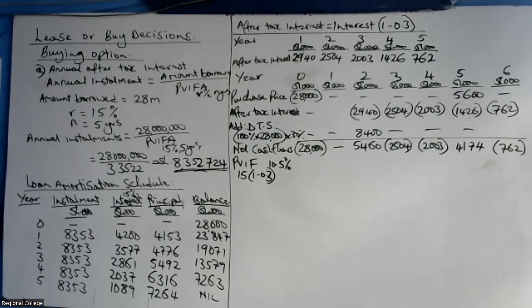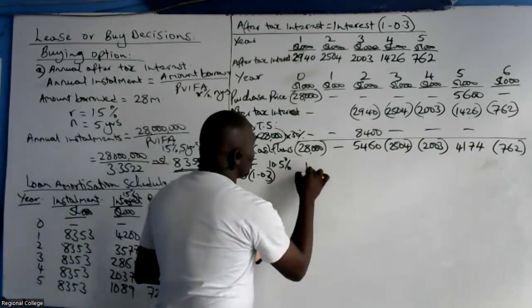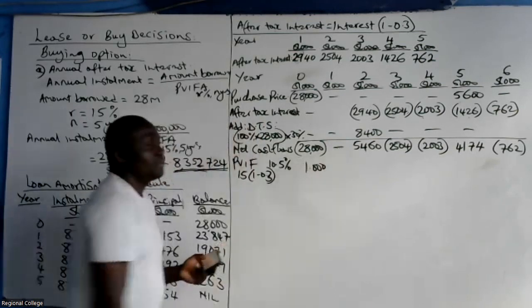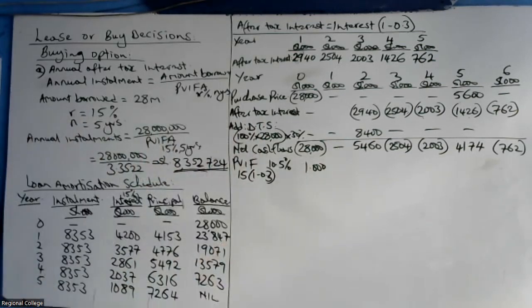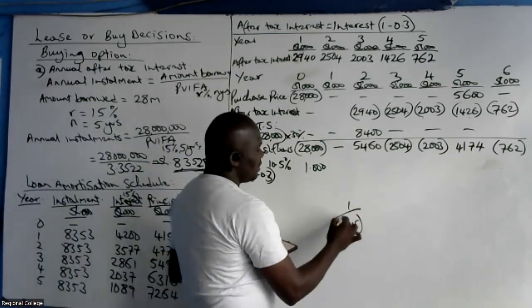Do you have 10.5 in the table? You have the formula in the table, right? Year 0 is always 1. At 10.5 in year 1, the cash flow of year 1 is 0. What is 1 divided by 1.105? The formula is 1 over 1 plus r raised to power n.